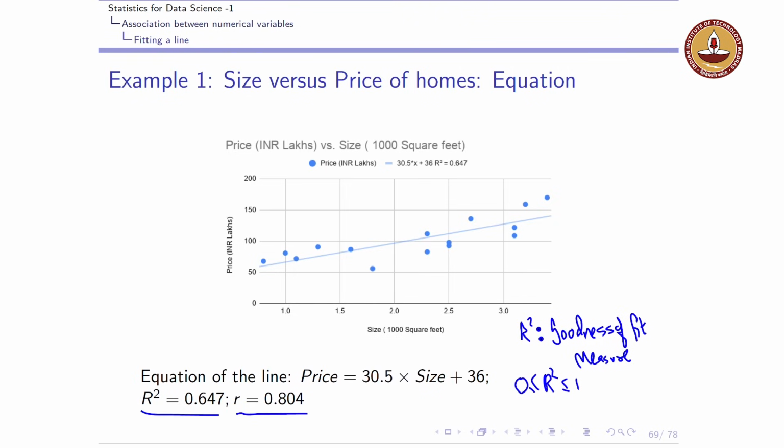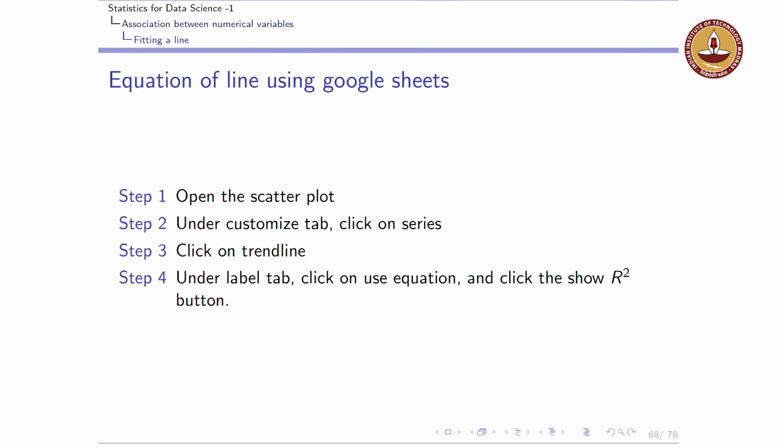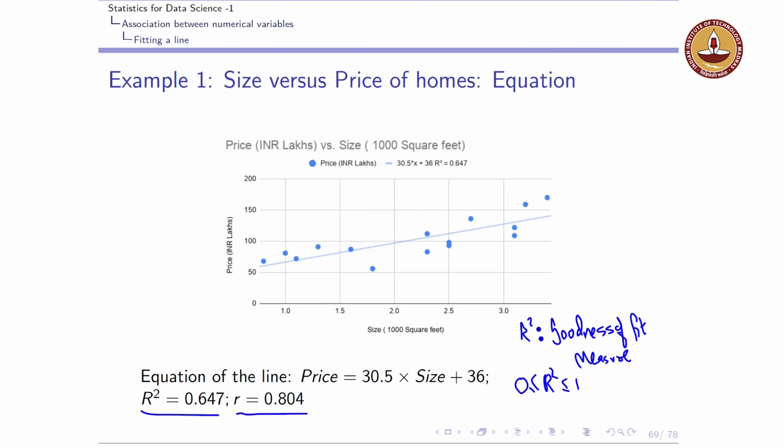Now let us look at what this R square is for different examples we have looked at. In the first example, which I have just demonstrated, price, the response variable y, is 30.5 times x plus 36. So, the slope of this line is 30.5. You can see that the slope is positive and your R square is 0.647.